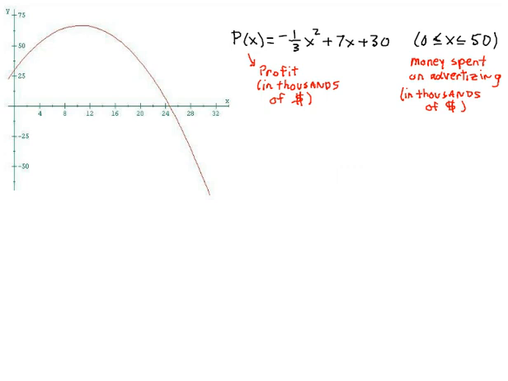It also appears that a little bit more than $24,000 invested per quarter in advertising will actually start a loss in profits. In other words, there isn't much benefit to investing more than $10,000 plus dollars.